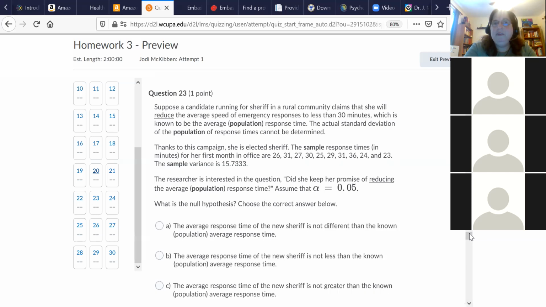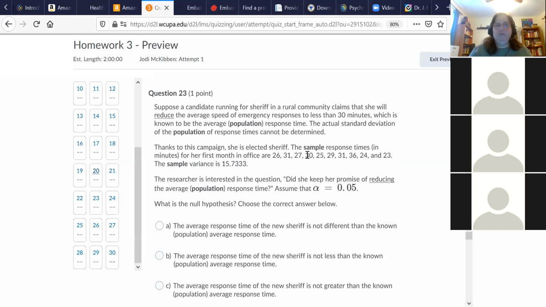That's actually my population mean. That's my mu. Now, the actual standard deviation of the population of response times cannot be determined. So I'm not going to be given a sigma or a sigma squared. Okay, good to know. It's not a z-test because there's no population standard deviation, population variance, nothing like that.